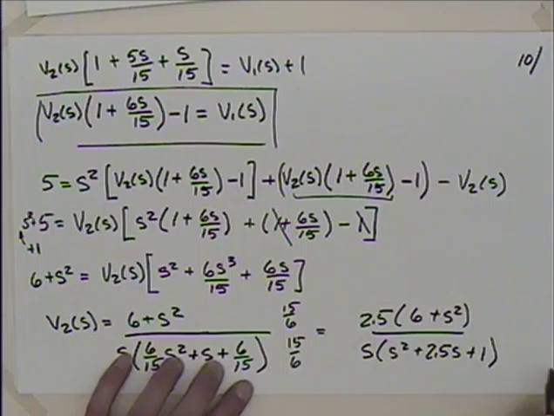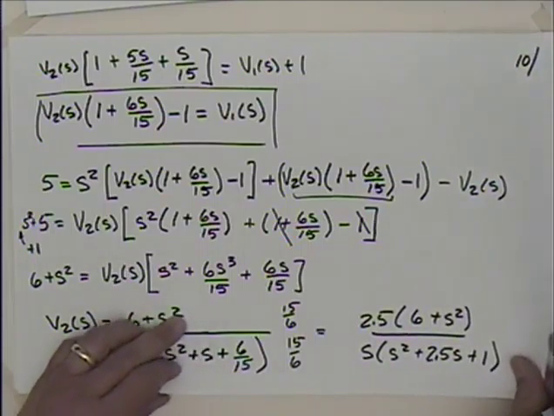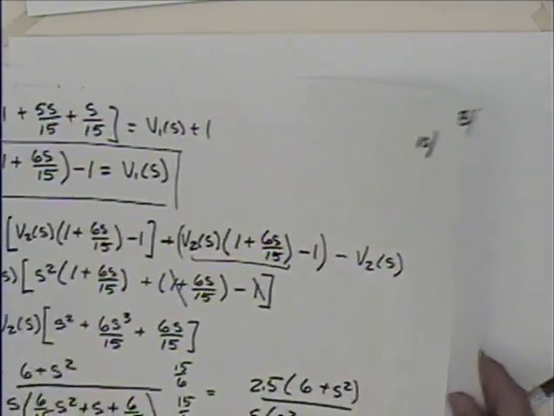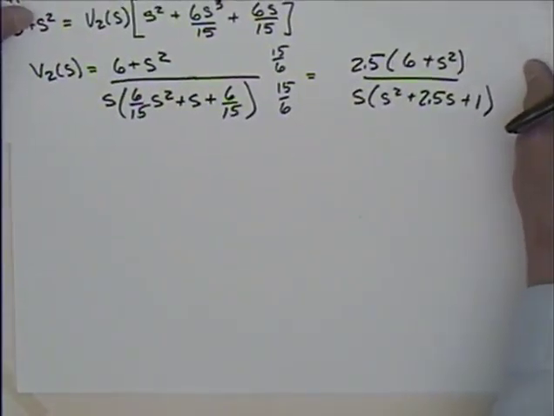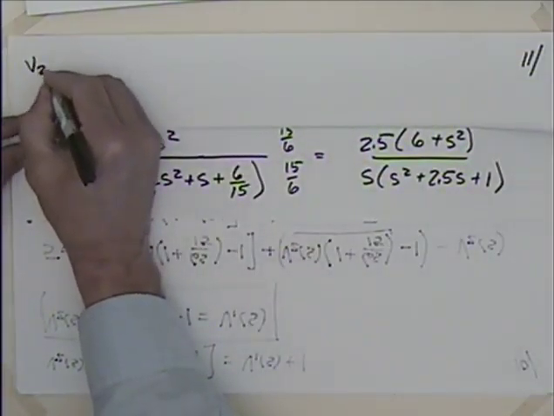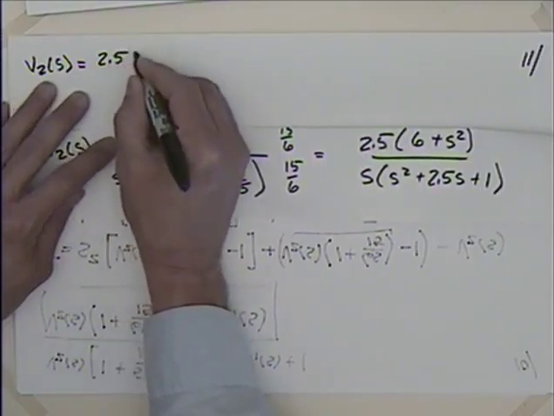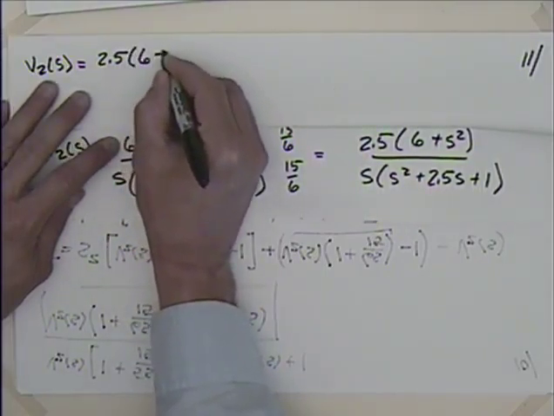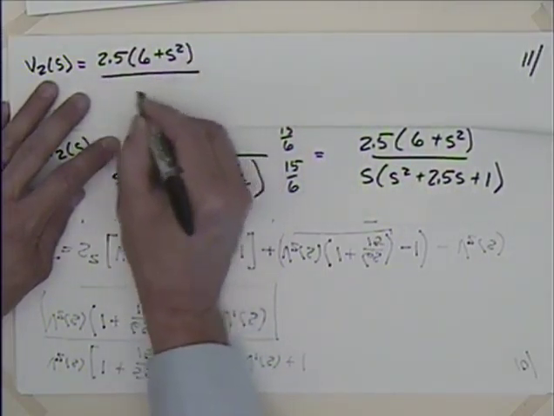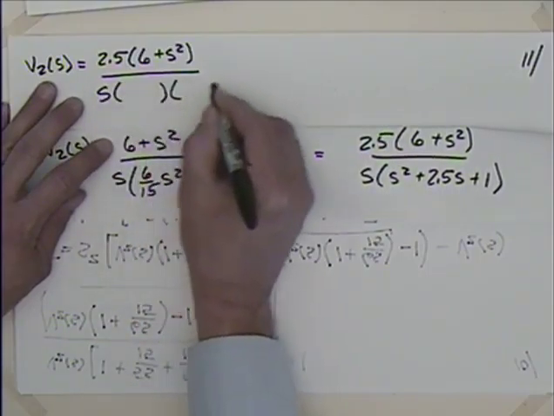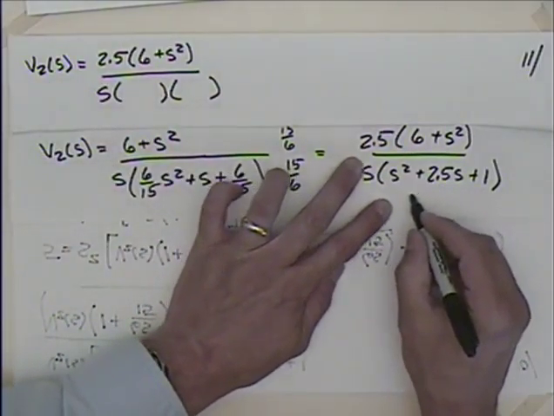Then we can factor that one, couldn't we? This is fun. We'll just keep going. I think we're getting close, though. So we had that V2 in the S domain was equal to 2.5 times 6 plus S squared divided by S times, and I should be able to factor this term down here.